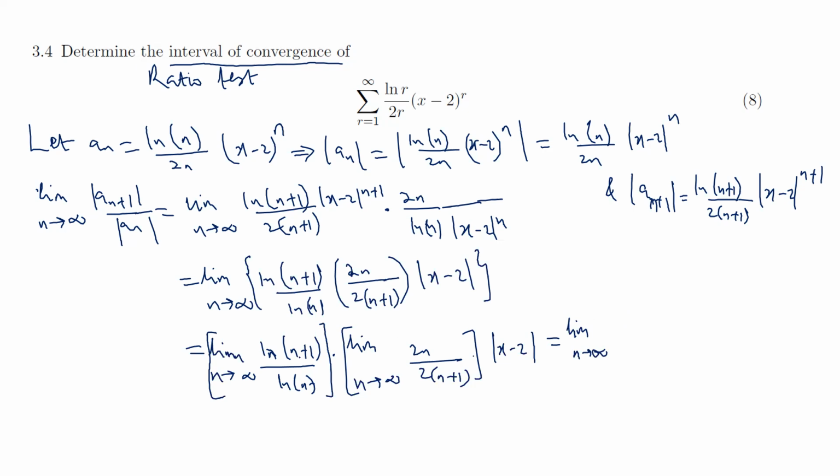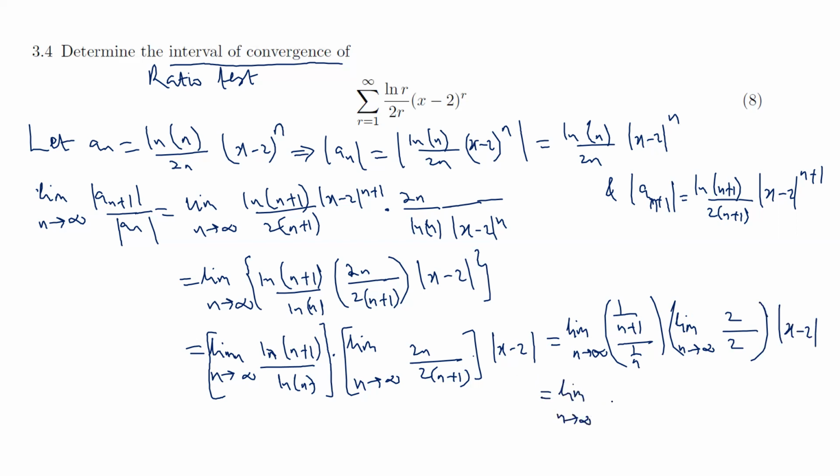So you find the derivative of the top. The derivative of the top becomes 1 over n plus 1, 1 over n. Okay, we continue.